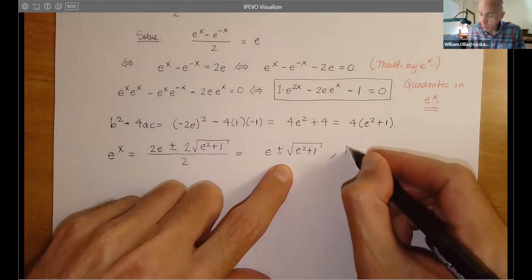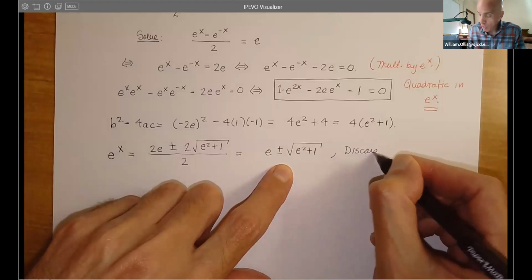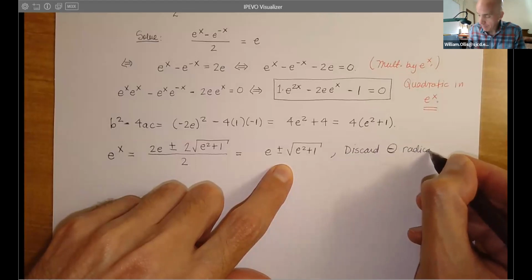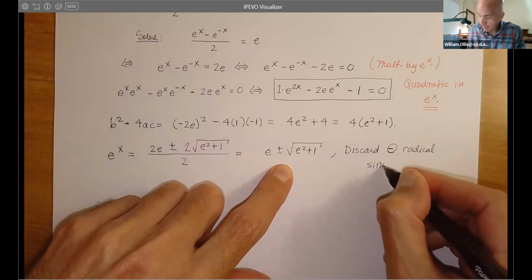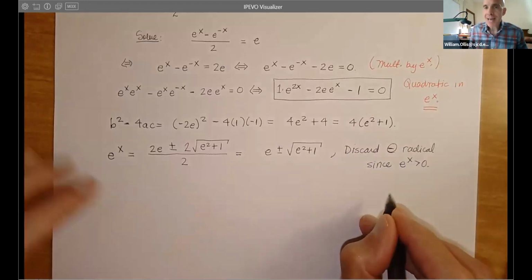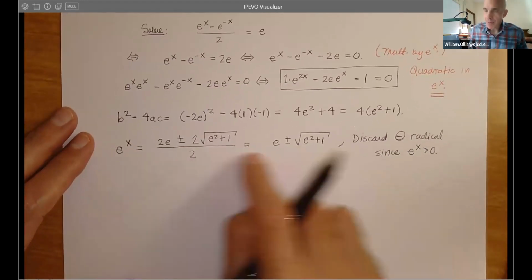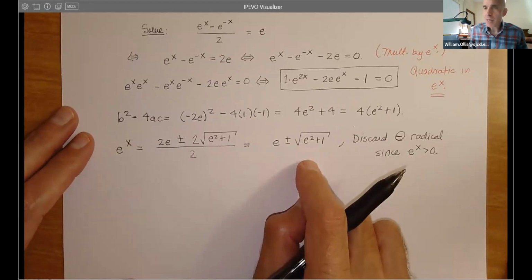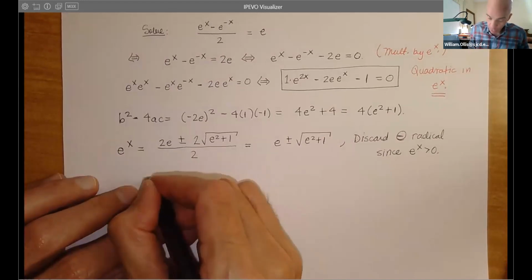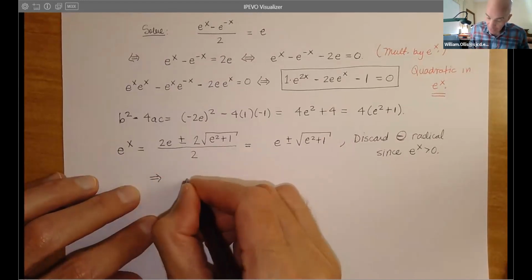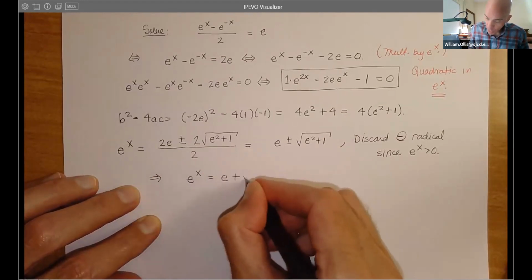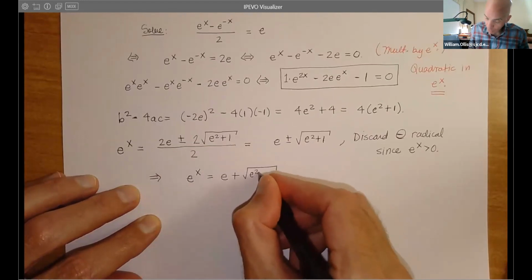So we discard the negative radical, since e to the x is positive. So the mathematics is selected for us here. When we have the plus or minus, the mathematics of this problem selects the positive square root. So this implies that e to the x actually equals e plus the square root of e squared plus 1.